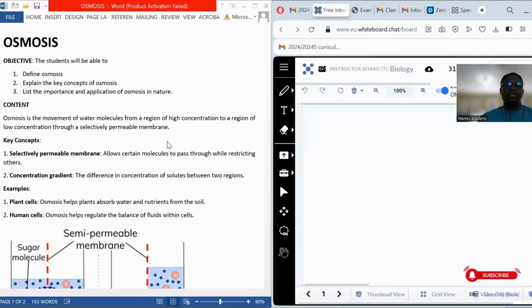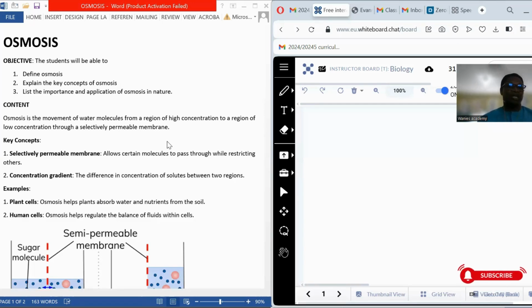So it is a membrane that does not allow every material to pass through. Like a filter paper can be said to be a selectively permeable membrane. It permits some materials to pass through it, while others are not allowed to pass through it.